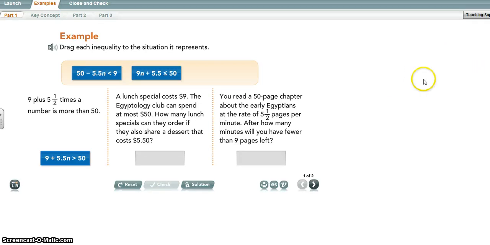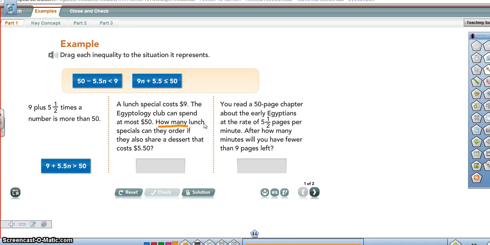That's our unknown. And we know that they're also going to get a dessert. It says they're sharing it, so just one dessert. And we know the price for each lunch special is $9.